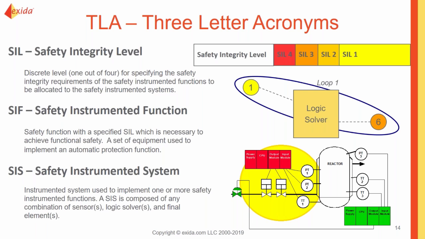But if you think about it, each SIF has an individual safety integrity level. So when you are speaking of a safety integrity level, you are speaking for each SIF. And it is incorrect to say a safety integrity level for the entire SIS, because you might have multiple different safety integrity levels for them.